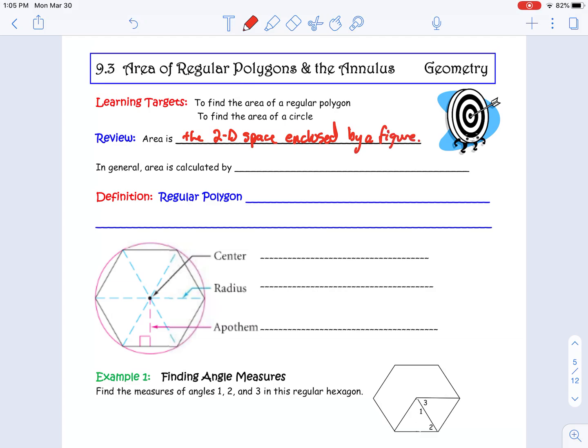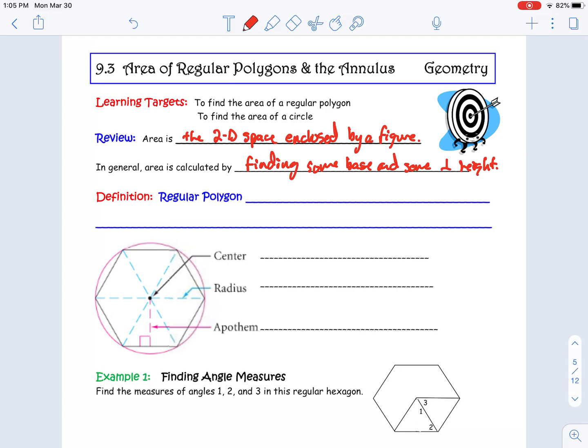So if somebody asks you what is area, just say, hey, it's all that stuff that's enclosed within some figure, within some boundaries. And in general, area is calculated by finding some base and some perpendicular height.